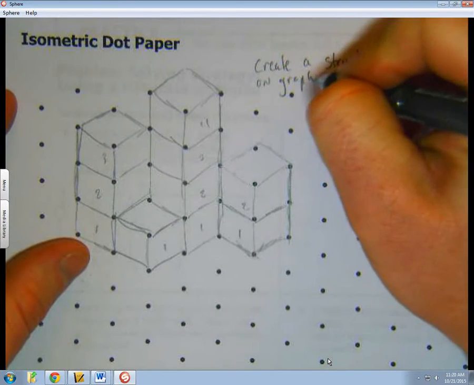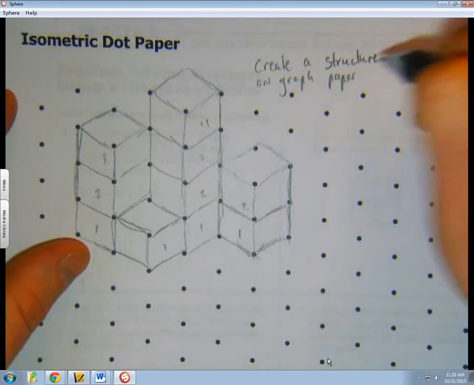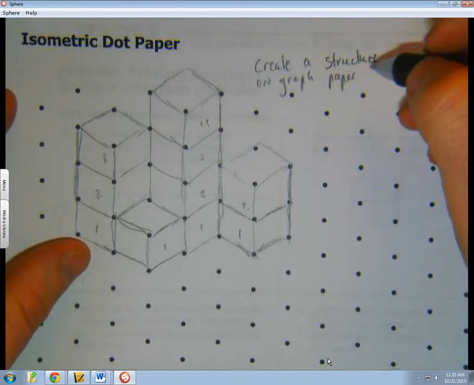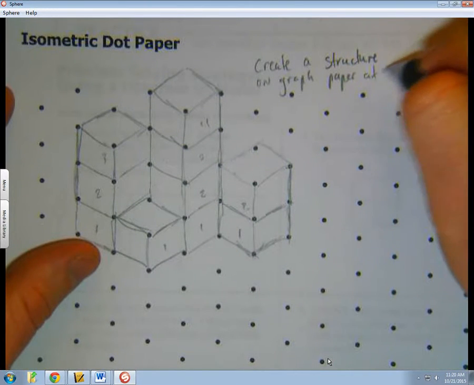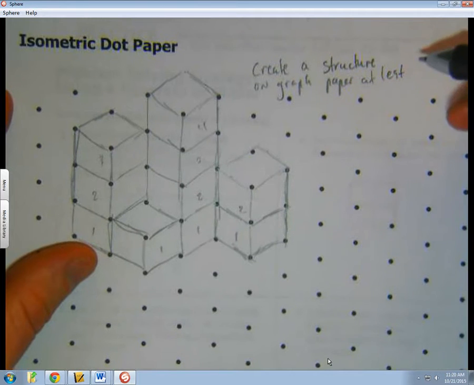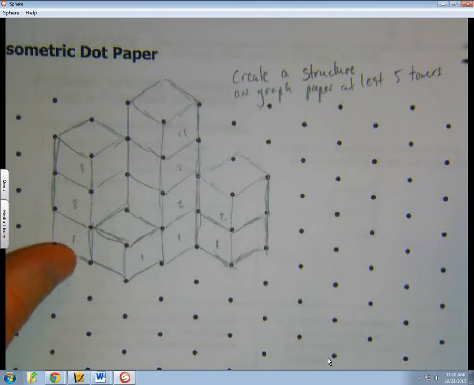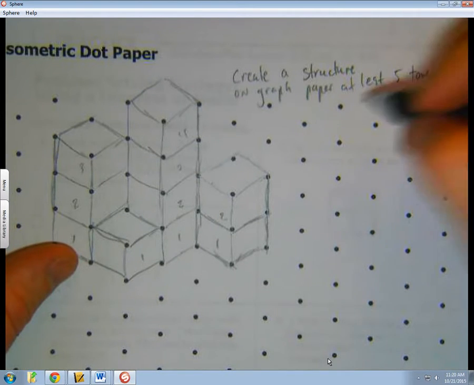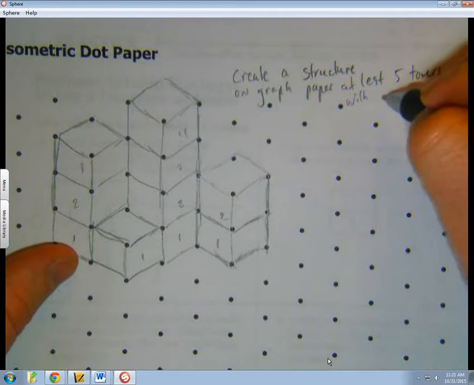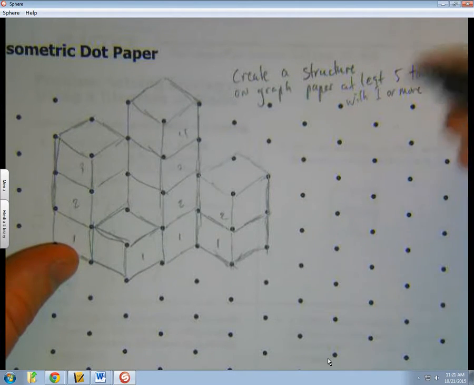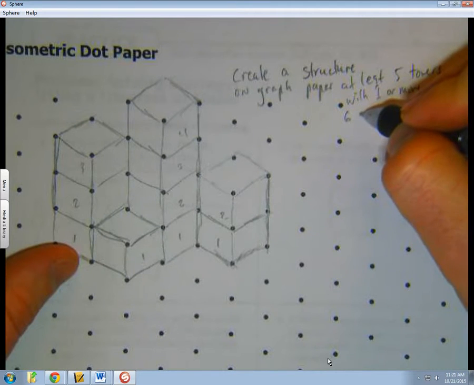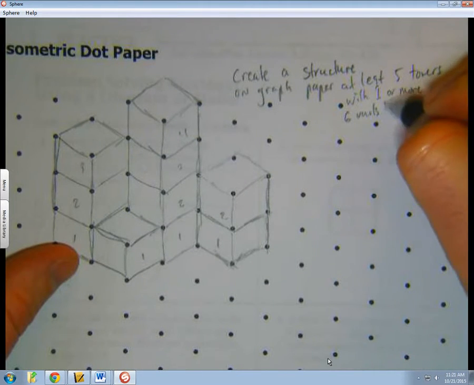And I want at least 5 towers, with 1 or more 6 units tall. Okay, so hopefully you can do that.